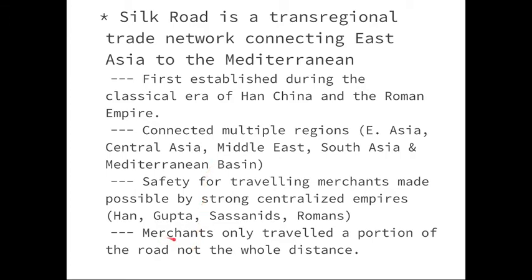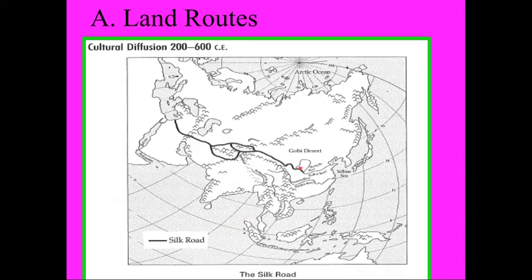And it's important to notice that the merchants, they don't travel the whole thing. So if you're a Chinese merchant, right, you wouldn't go from China all the way to the Mediterranean, right? As a Chinese merchant, you'll get your wagon, you fill it up with stuff like silk, and you would travel to around here in Central Asia.